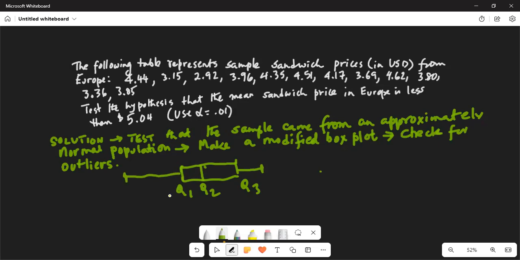Okay, but there is no outlier. Had there been any outlier, it would have been shown by a box either on the right or on the left. This is your minimum, this is your maximum. No outliers on the right or on the left.